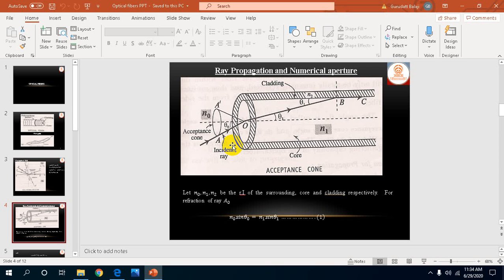Let us now try to understand the derivation of this numerical aperture, and we will obtain the condition for ray propagation. For this, N0, N1, N2, as we know, are the refractive indices of the surrounding, core and cladding. Applying Snell's law at point A, N0 sin theta naught is equal to N1 sin theta 1.